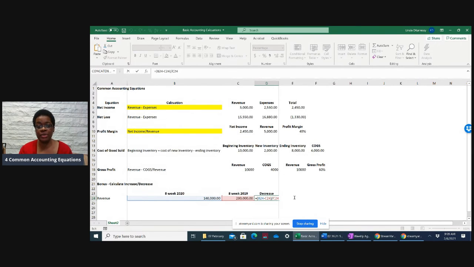If you're able to include this in your monthly reporting, this is a game changer, because you will know, oh, my revenue increased by 10%, 15%. My expenses went up by 25%. Let me see what's going on. Hopefully these formulas make sense. I'll go ahead and put those in the comment section so you know what those are all about.